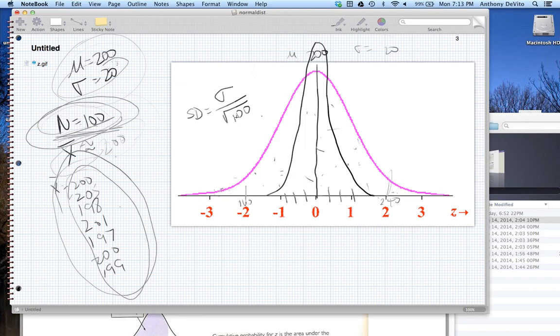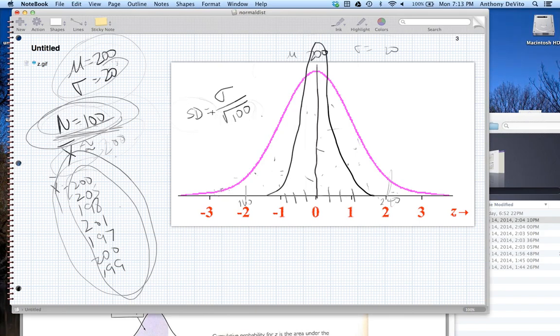So what does that tell you? Since you're taking sigma and dividing it by a whole number, that tells you that the standard deviation of these repeated sample results is going to be much smaller than sigma, but also it tells you that the bigger the sample size is, the smaller this standard deviation is, right?